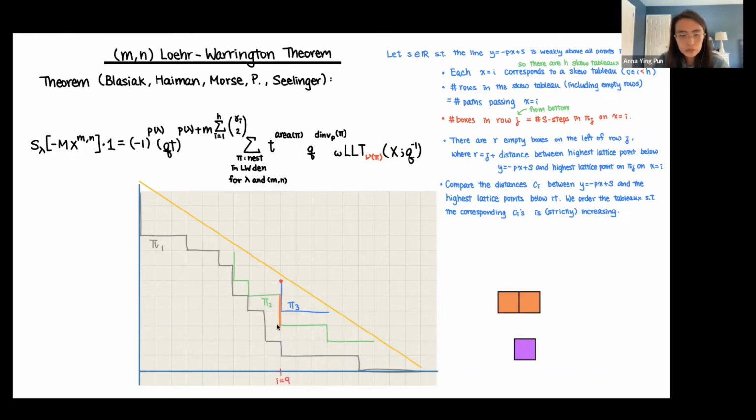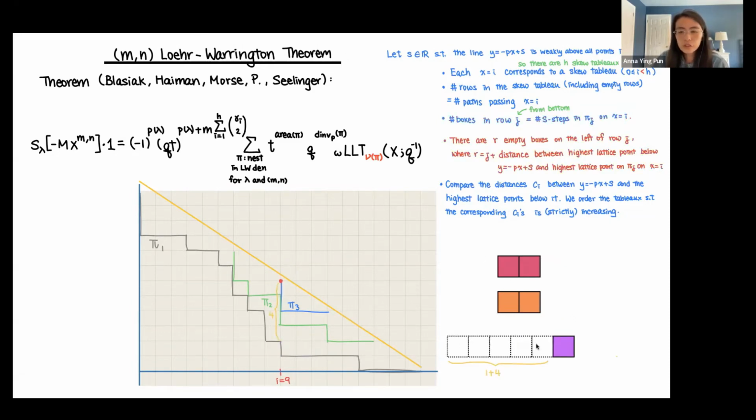Pi 2 has two cell fronts, so you have two boxes. And then pi 3 has two boxes again. So that is what it means: the number of boxes in row 1, row 2, and row 3 is the number of cell steps in pi 1, pi 2, pi 3, on the I that you chose.